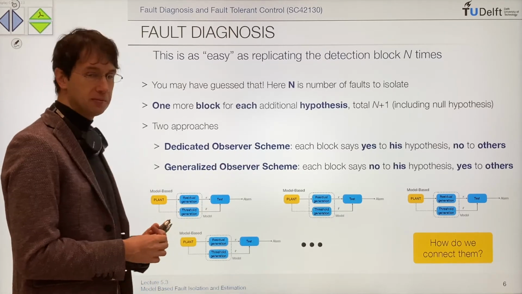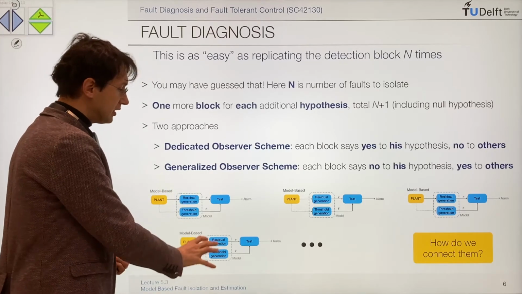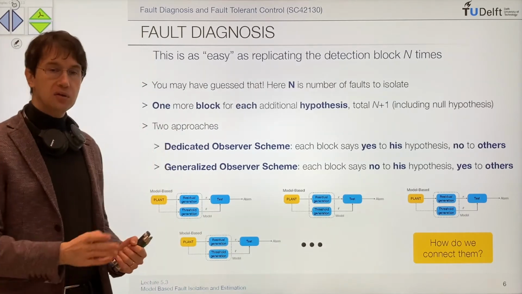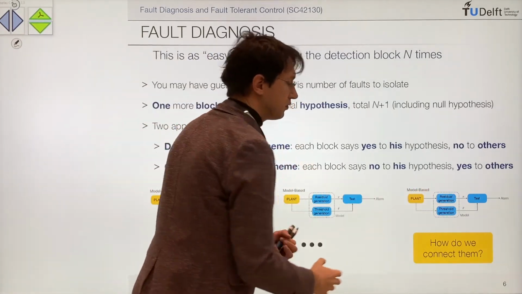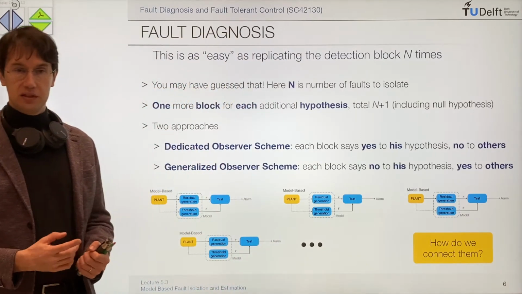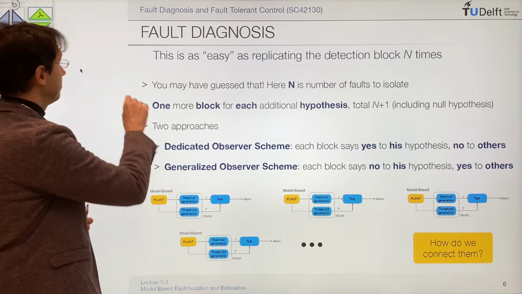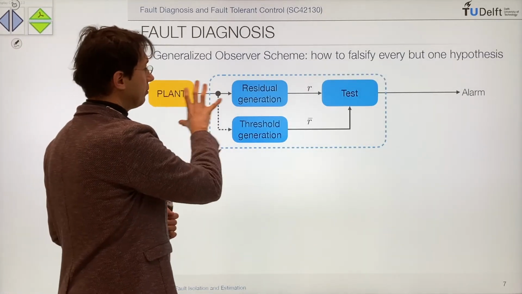Okay, still, we have a problem. The problem is that if we have these n plus 1 blocks, how do we take all the results from these blocks in order to formulate a final diagnosis of the system? So let us see how to answer this question. First of all, we said we are taking blocks like that.